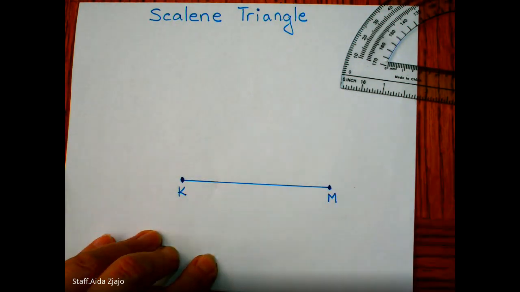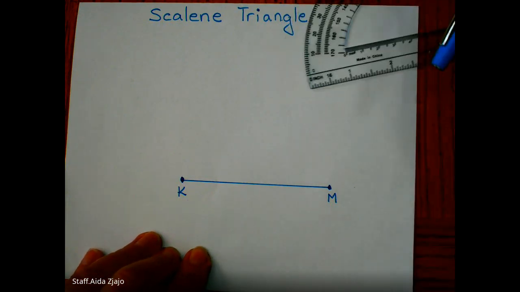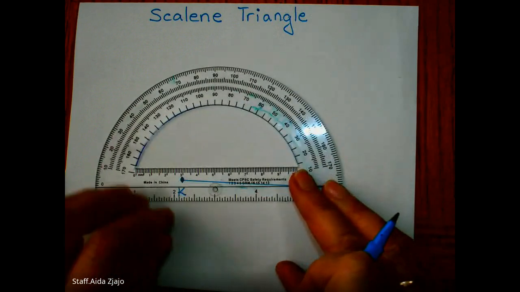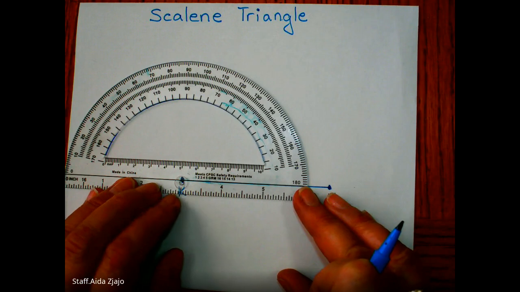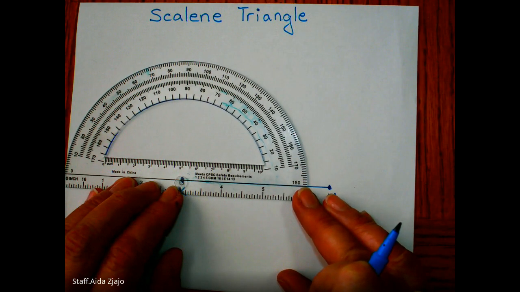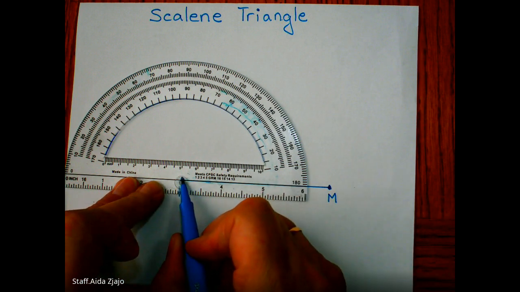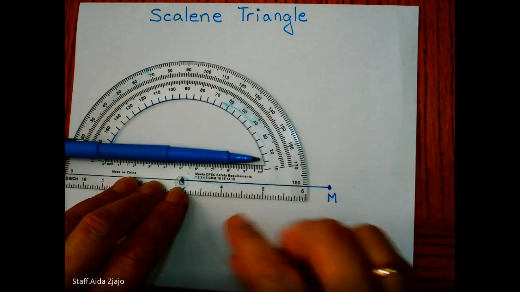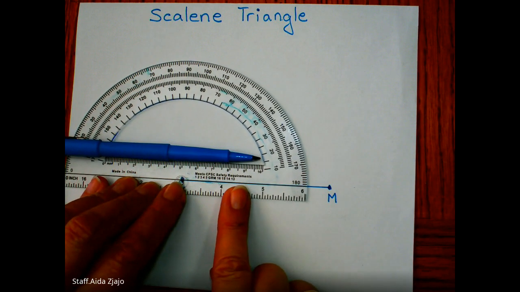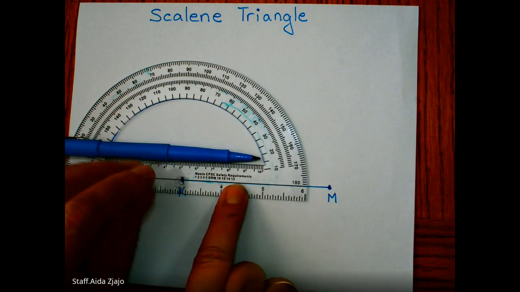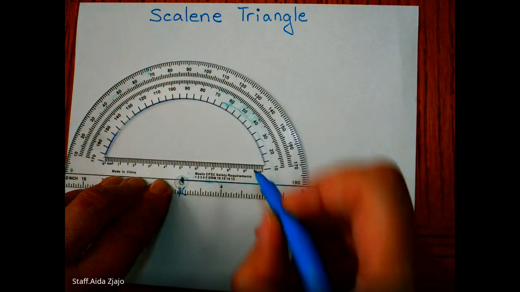K. A scalene triangle has to have one obtuse angle. So I will choose to have a 130 degrees angle from the point K. So I'm going to put my protractor on point K, and I will look where the line is. If the line is parallel to the line segment KM, when it's on the line, that means that is the zero line.